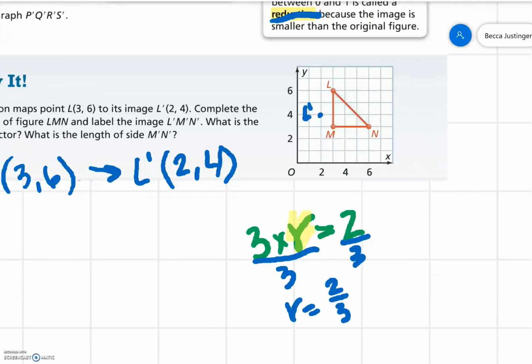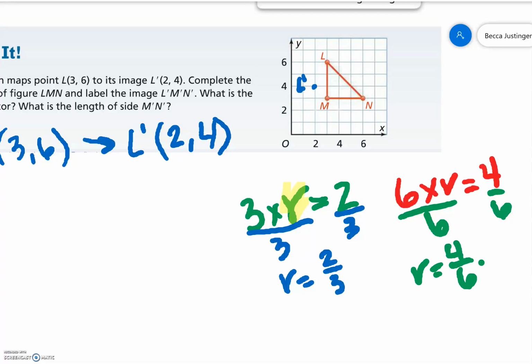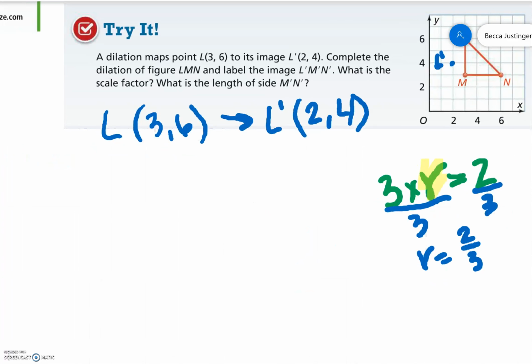Let's see if that is the same for going from 6 to 4. Well, 6 times the scale factor R equals 4. So we're trying to solve for R. We're going to divide by 6 on both sides. So R equals 4/6. But if we reduce that, that's 2/3. So that's telling me the scale factor is 2/3. So every time we multiply by 2/3. That's our scale factor. R equals 2/3.